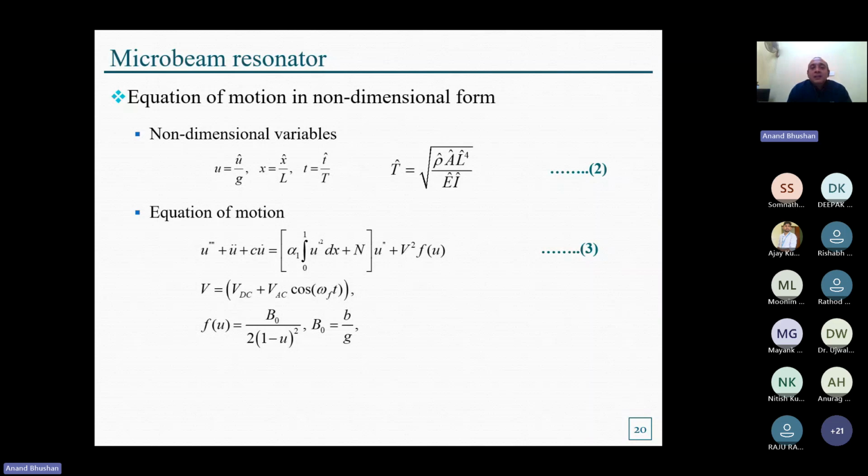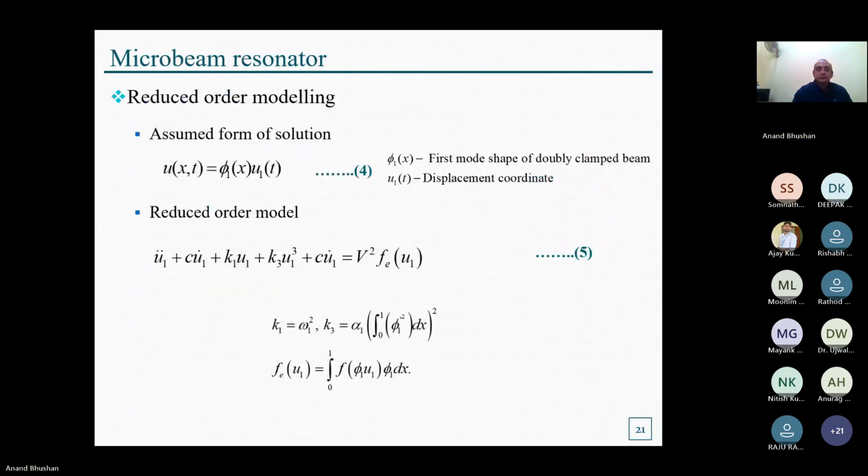So in reduced order modeling, we convert this integral partial differential equation into an ordinary differential equation. So let's see here. In reduced order modeling, first of all, we assume the form of the solution. Here we assume the form of the solution U(x,t), that is the displacement of the microbeam resonator, as a multiplication of phi1(x) and U1(t).